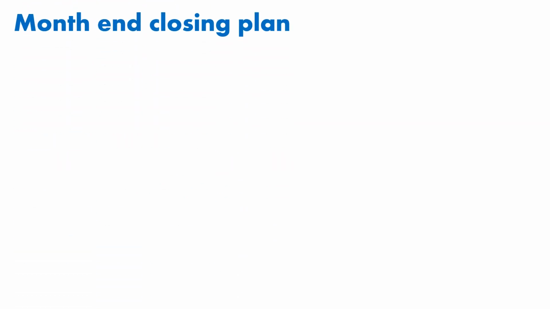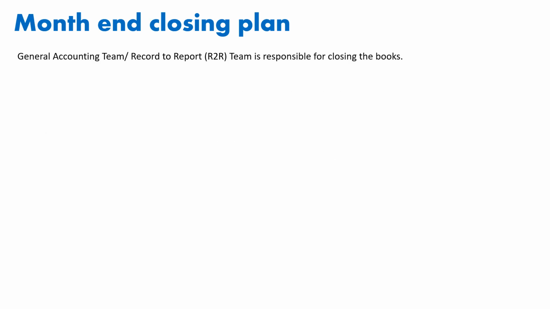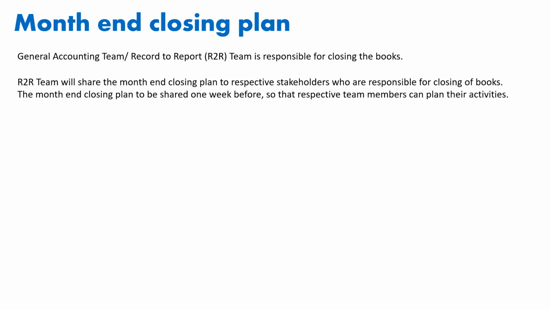Month-end closing plan. This is very important for an organization, specifically the finance team, so that all the activities are planned very well before the financial statement is prepared. The general accounting team or R2R, record to report team, is responsible for closing the books. And R2R team will share the month-end closing plan to respective stakeholders who are responsible for closing of books.